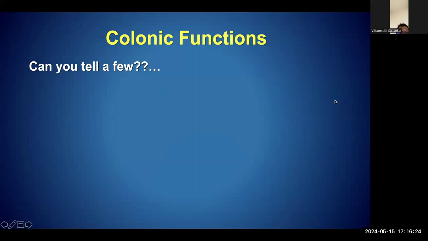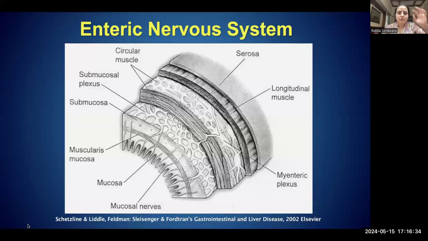Okay, water absorption is major. So electrolytes and water, that is the main thing that happens here. So okay, coming to the basic anatomy, we have the mucosa, the submucosa, and we have the plexus and the circular muscles, right? And the serosa after that.